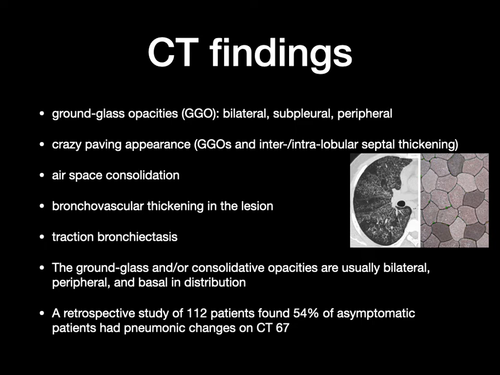If you look at the CT reports from these patients, you'll see that they use this term quite often. It's a radiology term that they use to describe these diseases. And then later on you have airspace consolidation and some thickening, and bronchiectasis some time later.